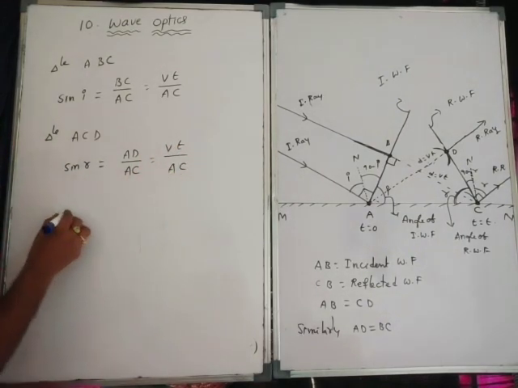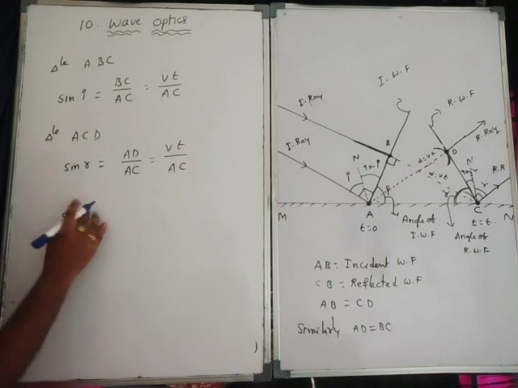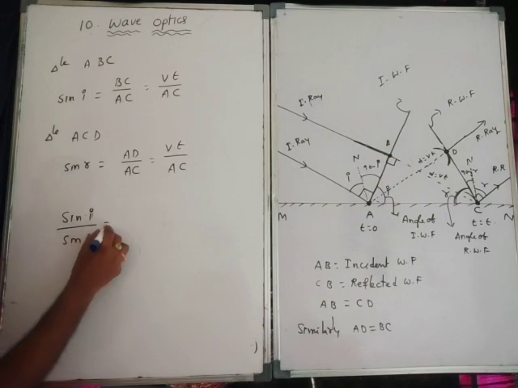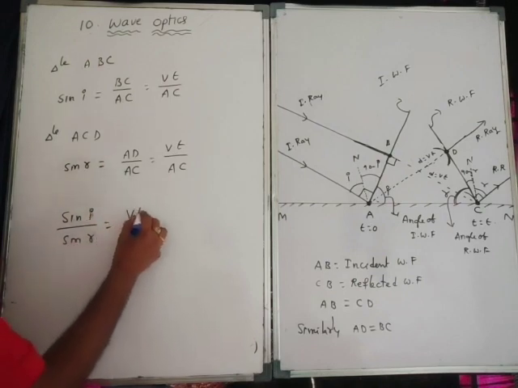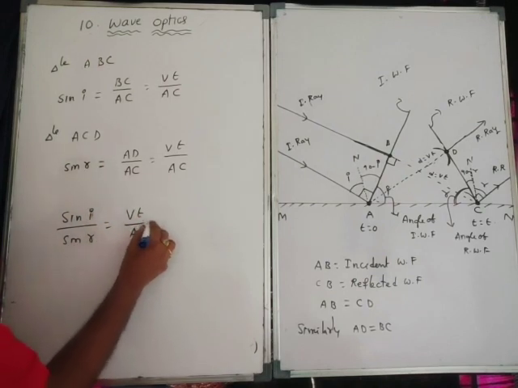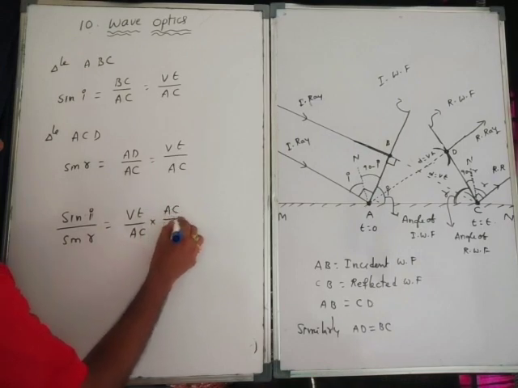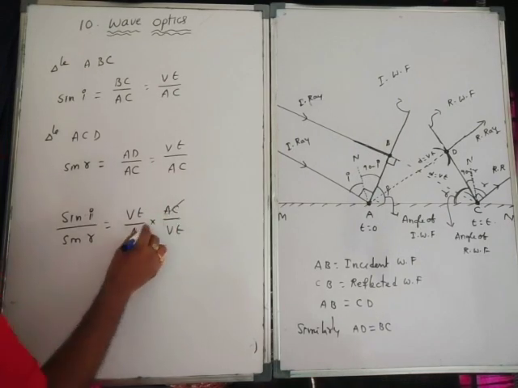So now we will do sin I by sin R. What will come here? Vt by AC into AC by Vt. So everything gets cancelled.